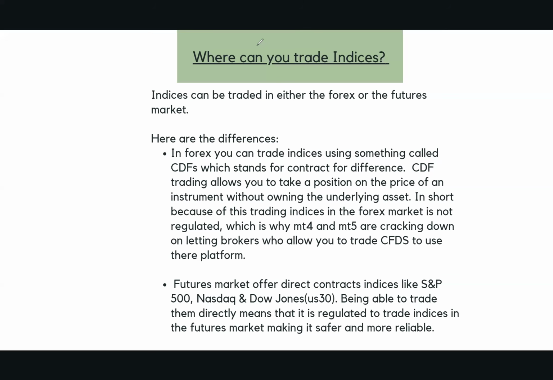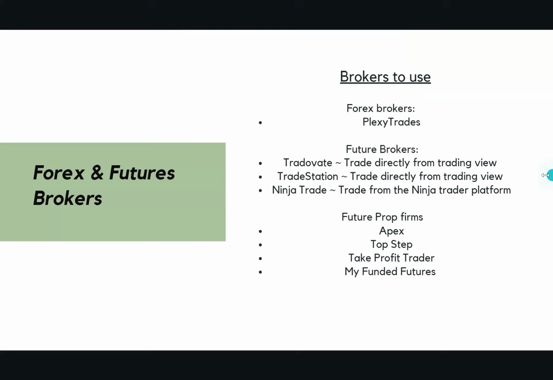Because of this, trading indices in the Forex market is not regulated, which is why MT4 and MT5 are cracking down on brokers who allow you to trade CFDs on their platform. The futures market offers direct contracts to indices like the S&P, NASDAQ, and Dow Jones, which is US 30. Being able to trade them directly means it is regulated, making it safer and more reliable for US traders.